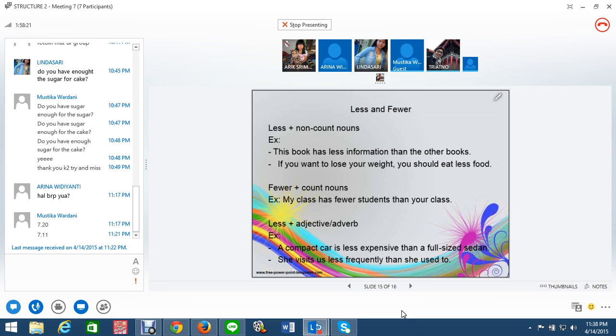Cruel itu kata sifat atau adjective? So you have to identify first what kind of word it is. If it is a noun, you can say the more she gets angry, the more she is cruel.